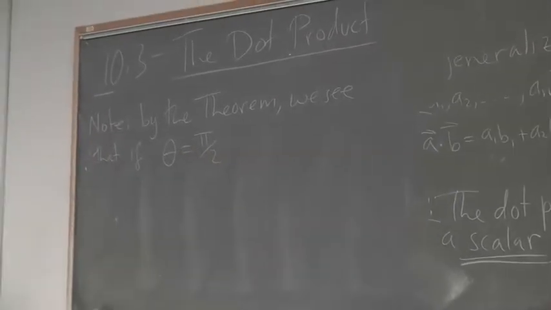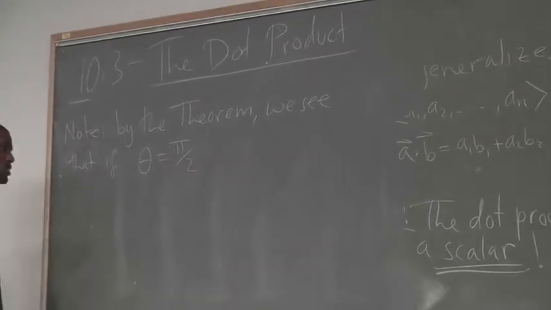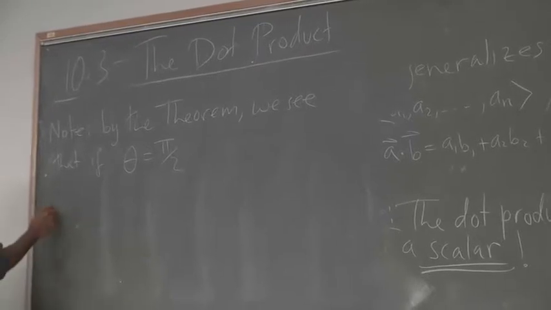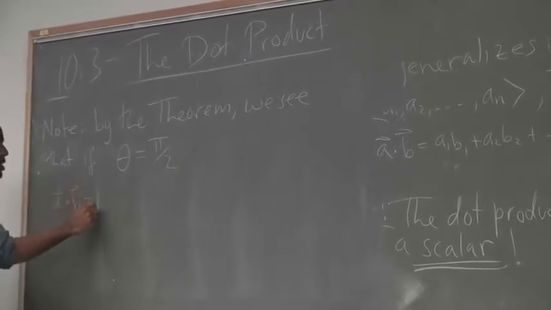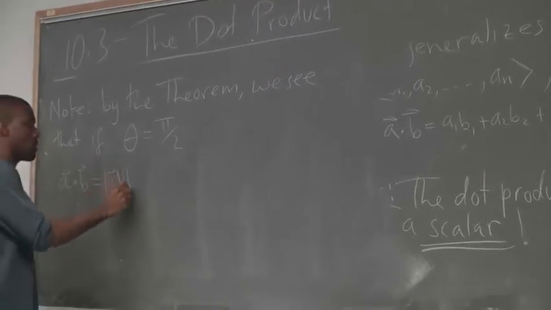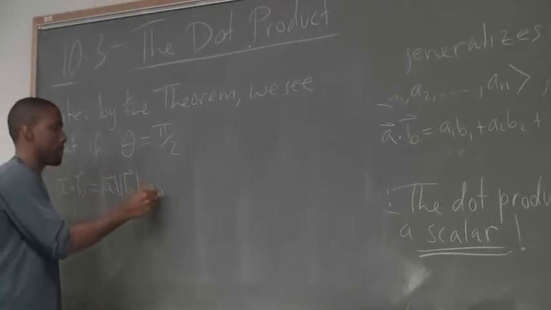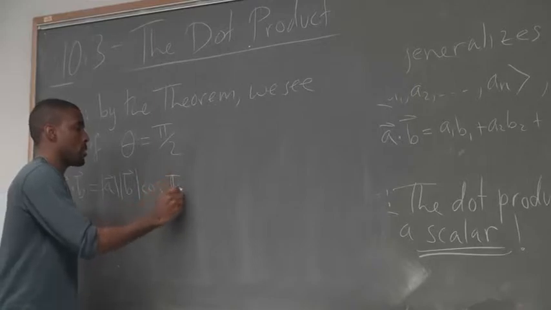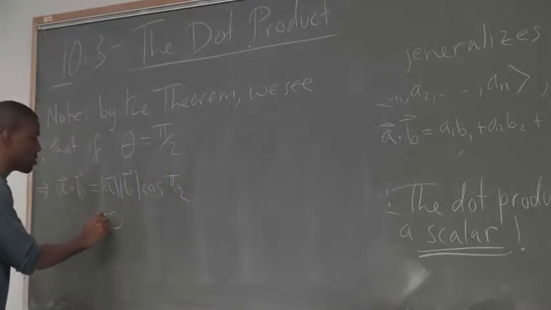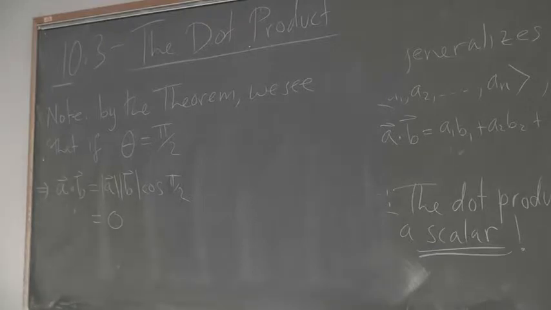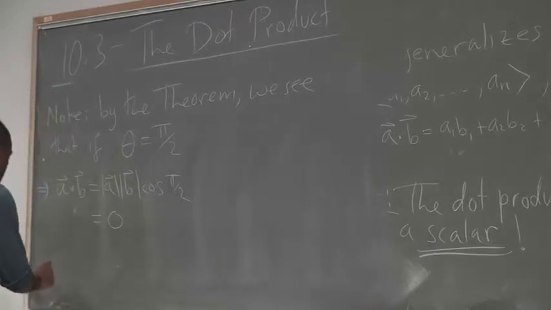There's a nice angle here, pi over 2. Now if theta is equal to pi over 2, A dot B would be equal to what? 0. Cosine of pi over 2 is 0. Right, but what's pi over 2? That's 90 degrees.